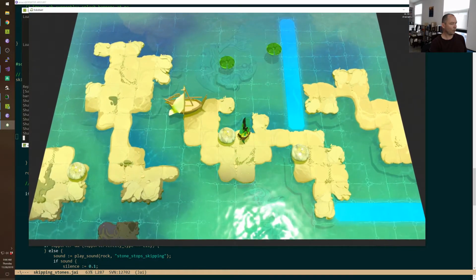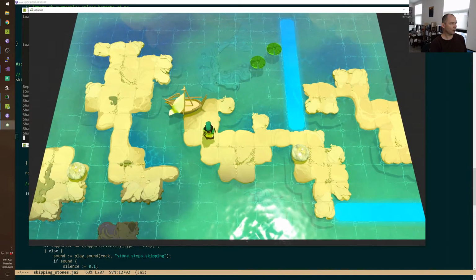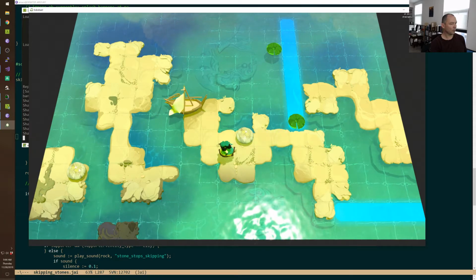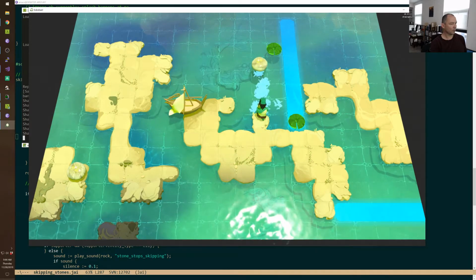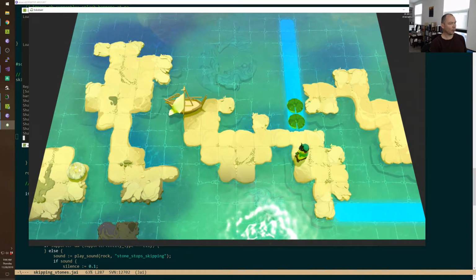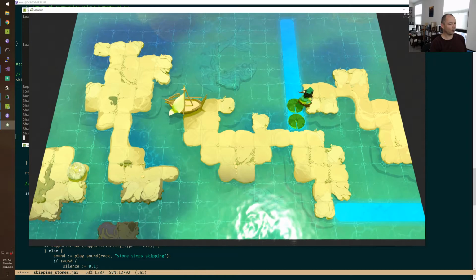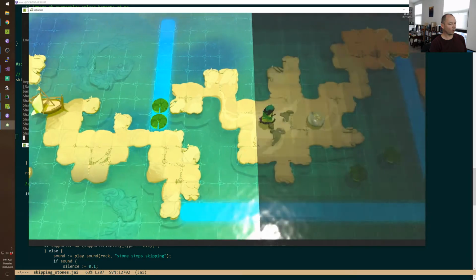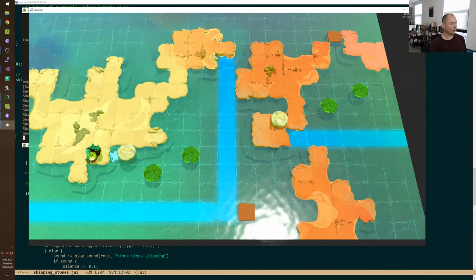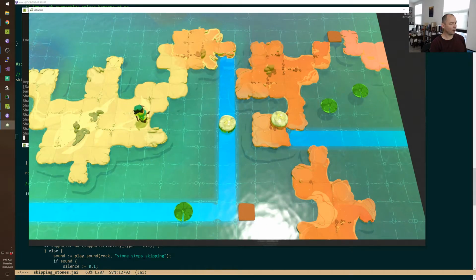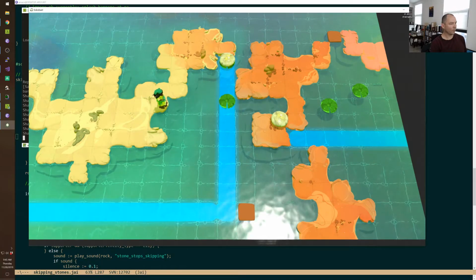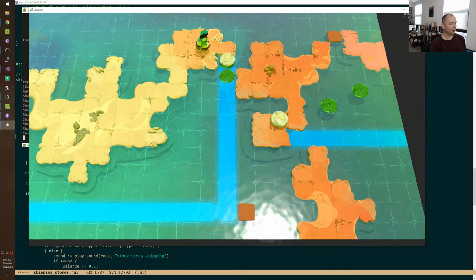Why is it so green? Now that the lilies are here, we can also see when they're doing stuff they shouldn't do, ramming against the land like that. See how it's vibrating down there?